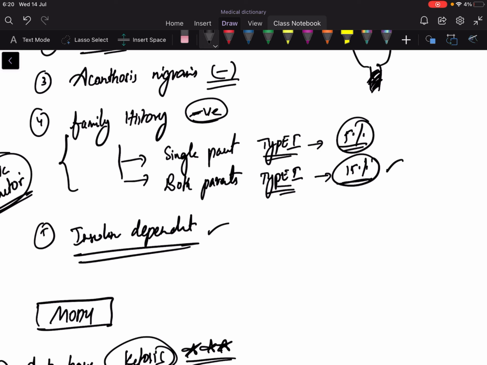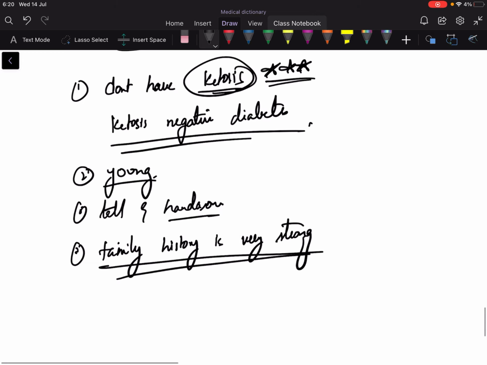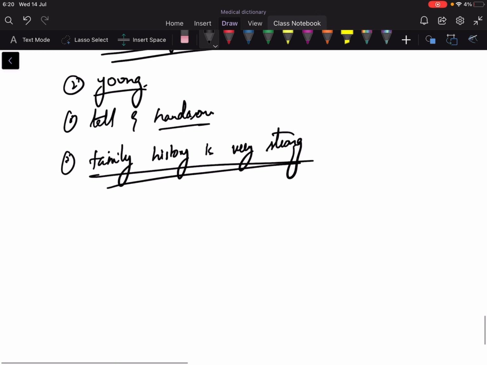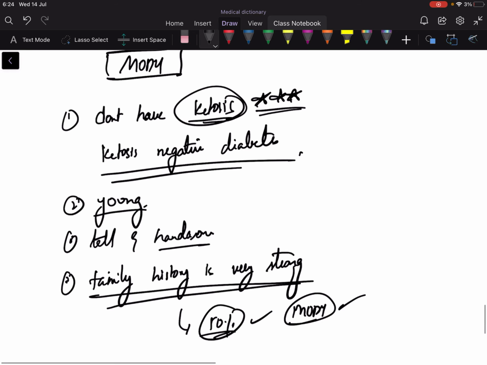The risk of association is very low, like 5 to 15%, but in MODY the family history is very strong. Like 50% of the people are getting the MODY. So there is a lot of family history involved. Those are the important things.